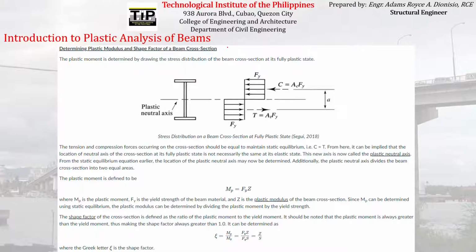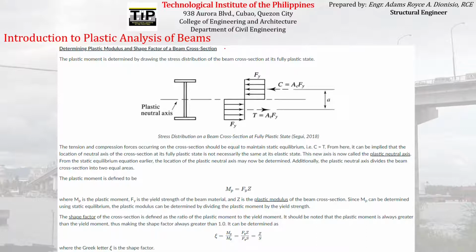So, para maiwasan natin yon, syempre dapat we know what is the particular magnitude of that plastic moment. Okay? Nang sa ganun, mapaghandaan natin siya. Nang sa ganun, malimit natin yung ma-apply natin na load and the cross-section and everything para hindi siya dumating sa point na yon na makakapag-form na siya ng plastic hinge simply because nag-fail na totally yung buong cross-section.